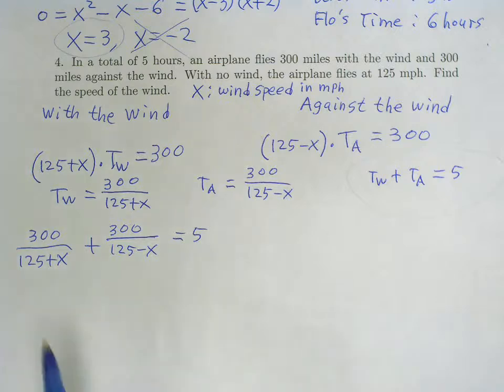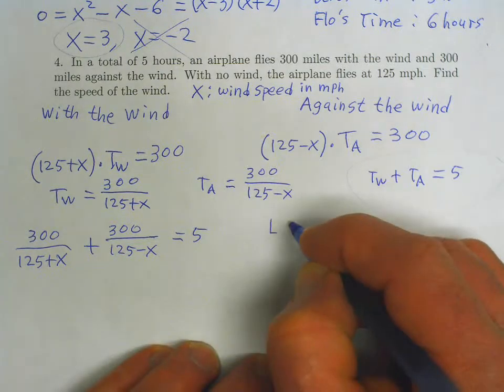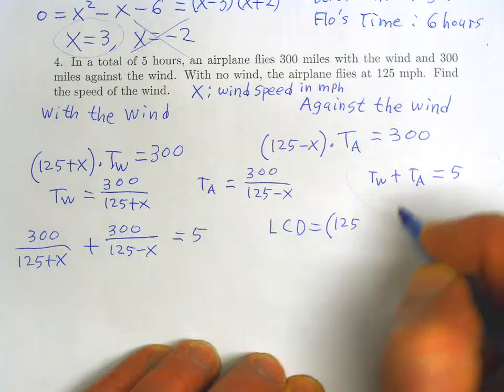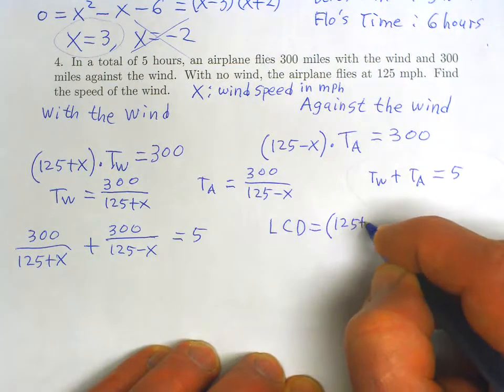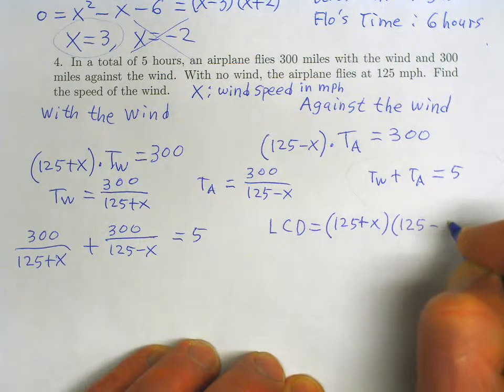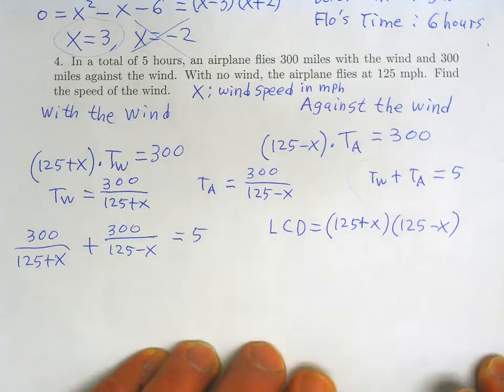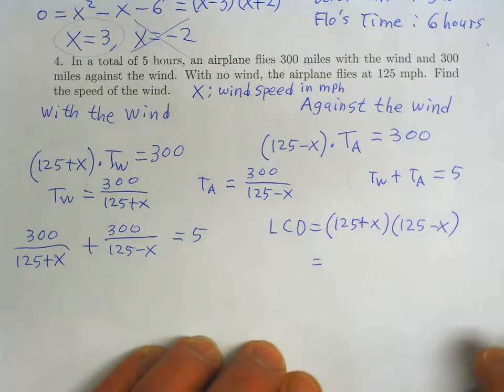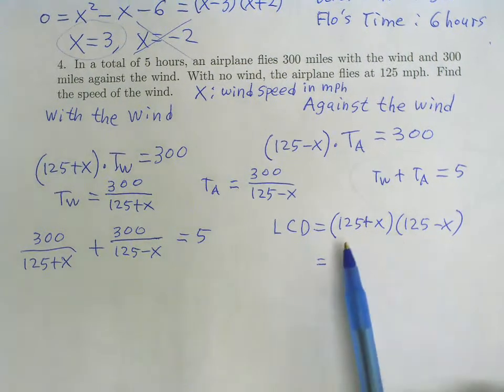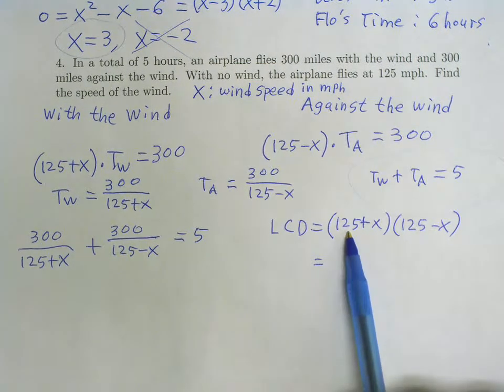Okay, so we learned how to solve equations like this in Chapter 7. The least common multiple of the denominators is just 125 plus x times 125 minus x. So let's just observe what's going to happen. 125 times 125. 125 is 5 to the third.